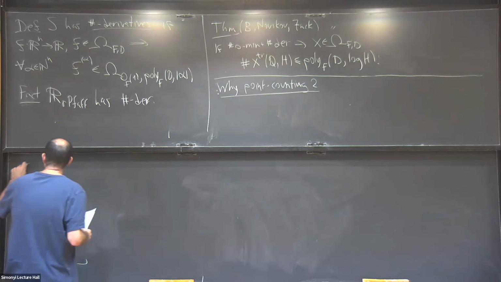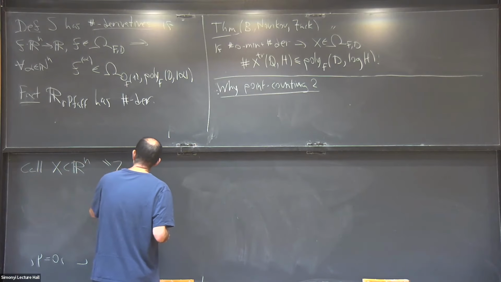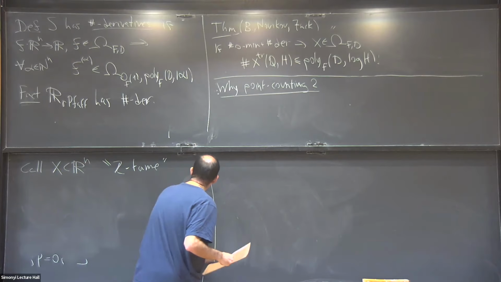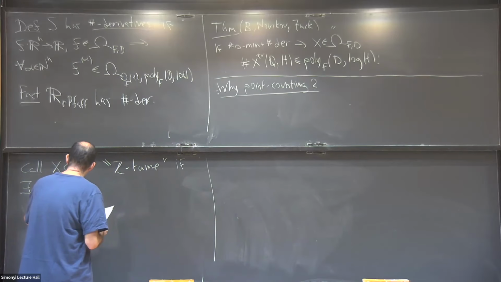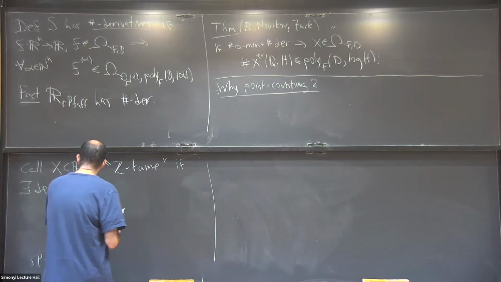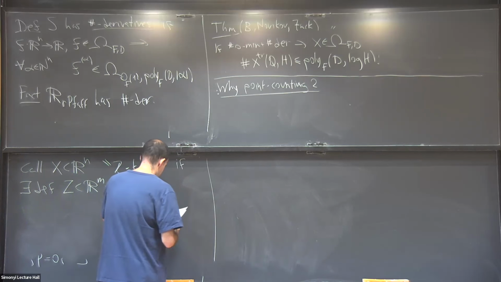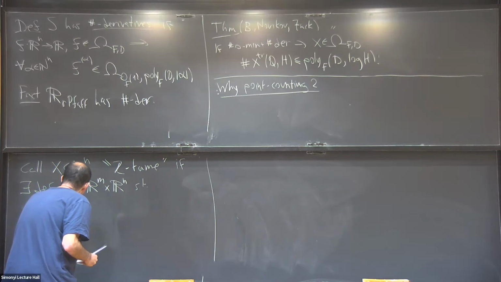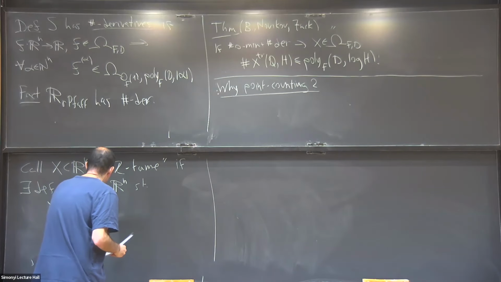So I'll call a set X in R^n Z-tame if there exists a definable family Z in R^m times R^n, such that X is equal to the union over the integer fibers, alpha in, say, Z^m, of Z_alpha.